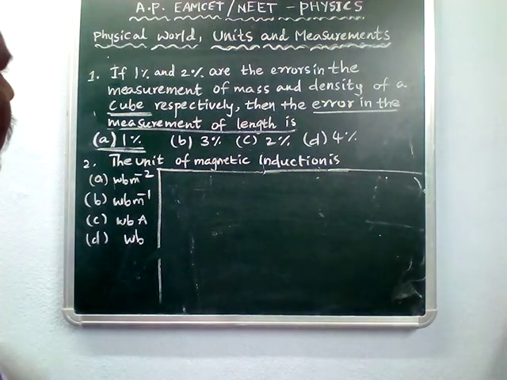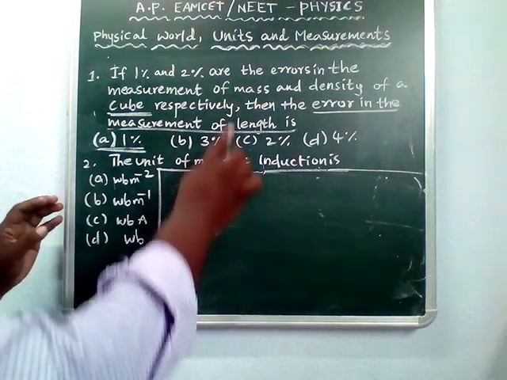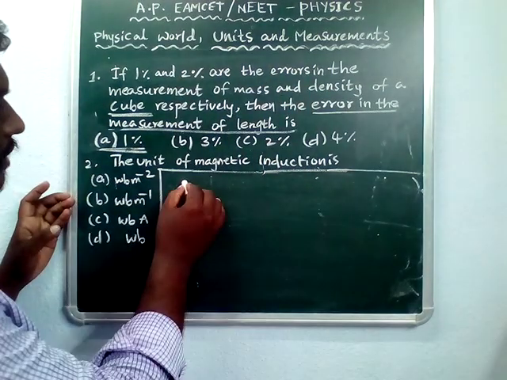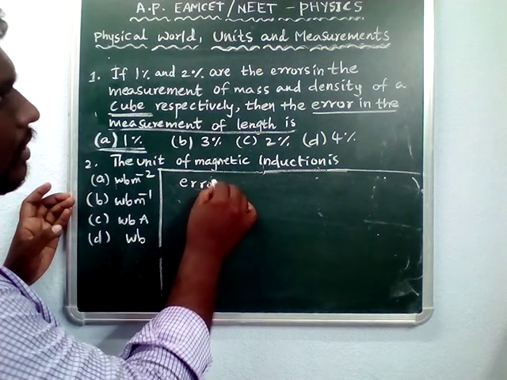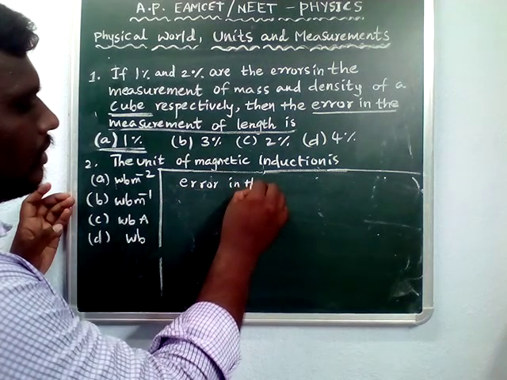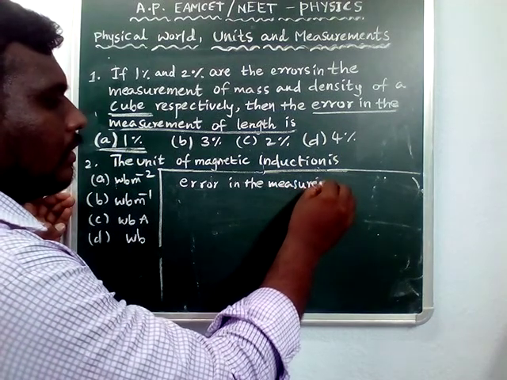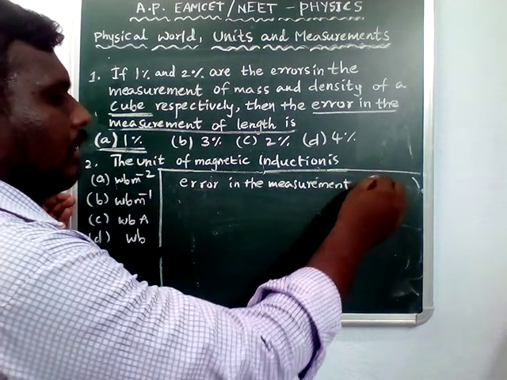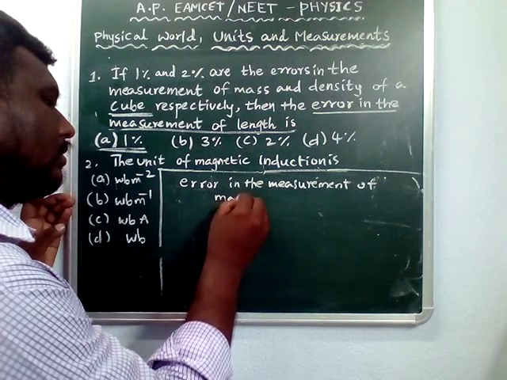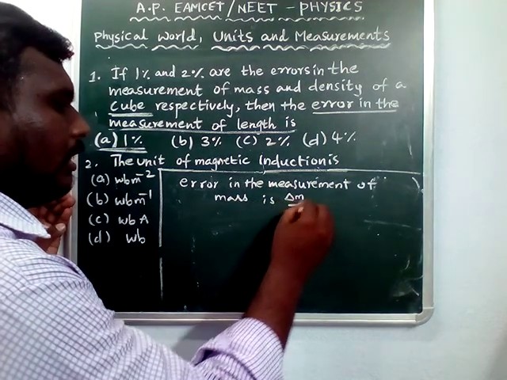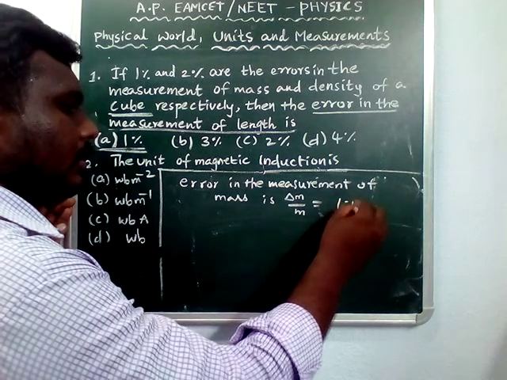Here the 1% is the error in the measurement of mass: delta m by m is equal to 1%.